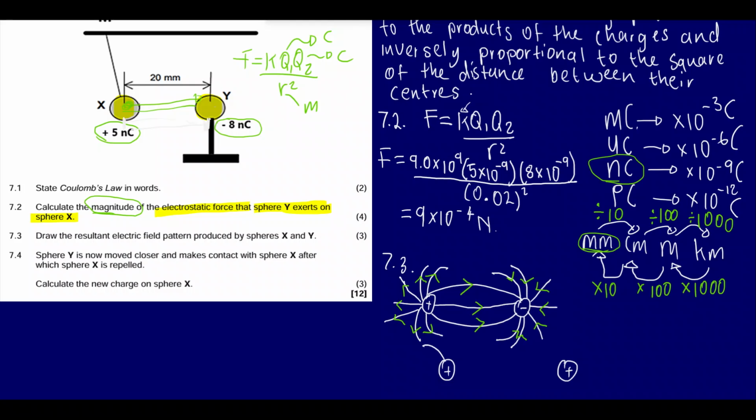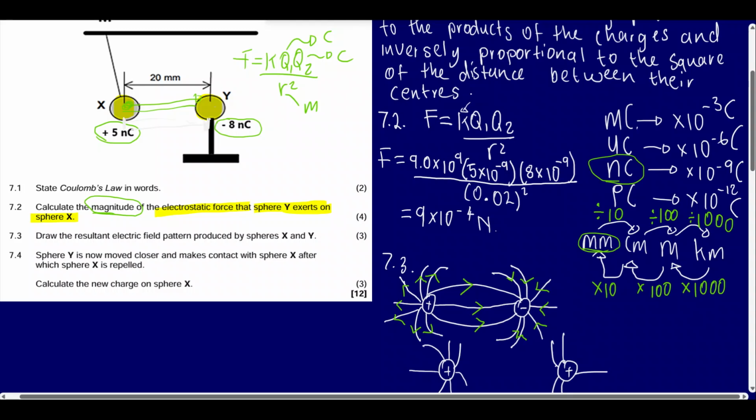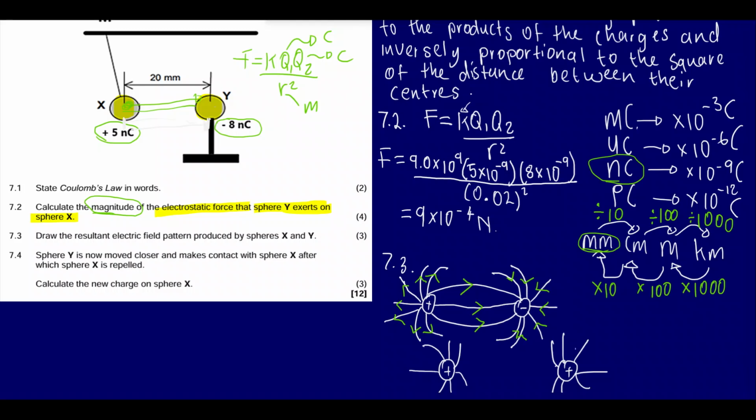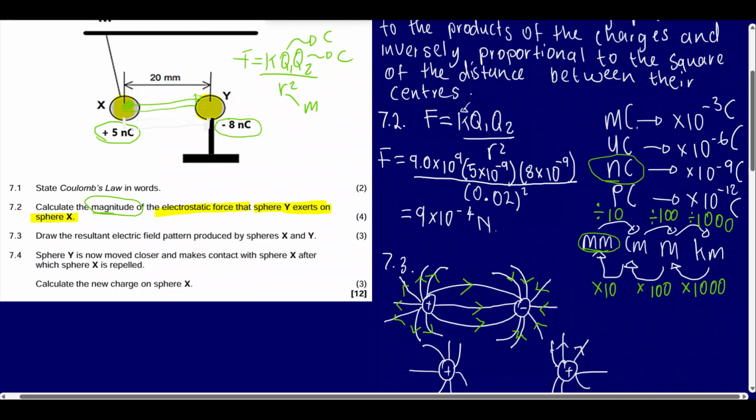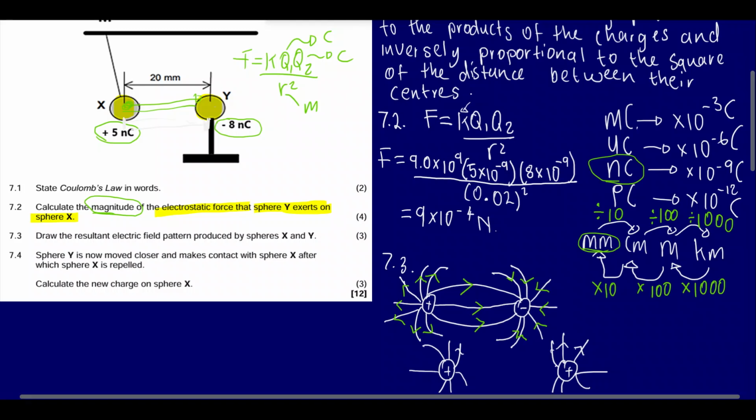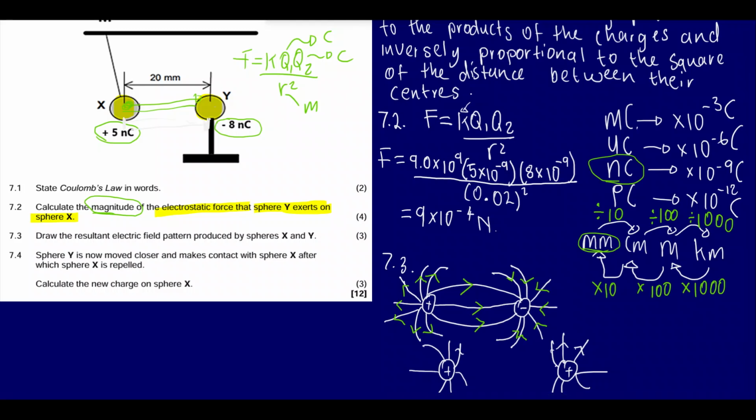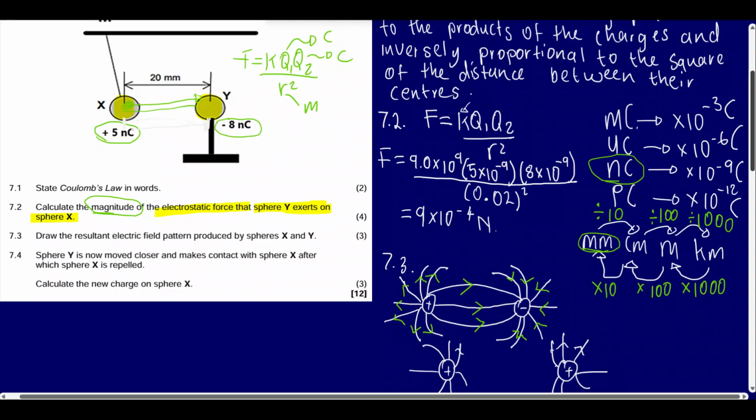Then if it was positive and positive, you can also take a look at the book, but you will see that they will actually try to repel, right? They would repel. However, the field lines would be going outside the charge. Do you see that? They'll just be going outside the charge, right?